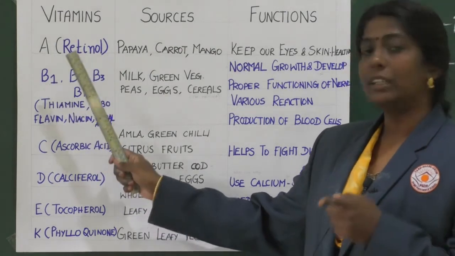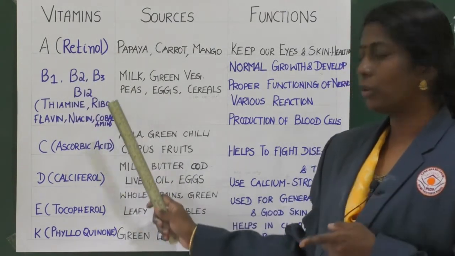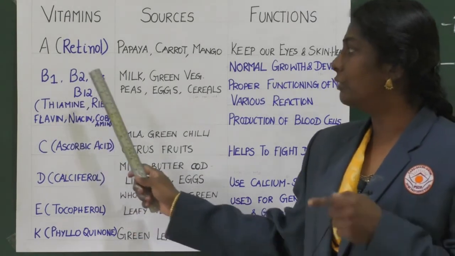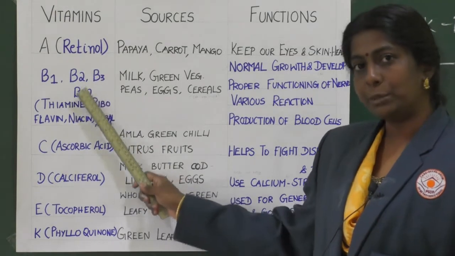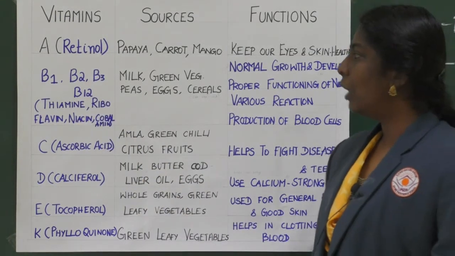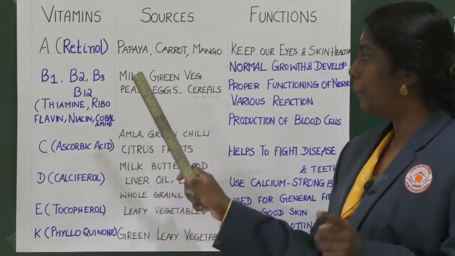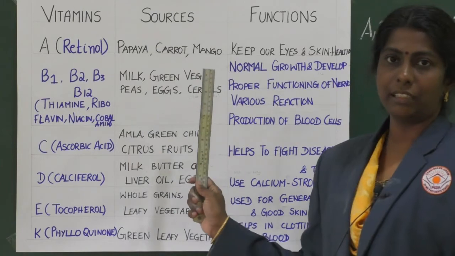B1 is also called thiamine, B2 is riboflavin, vitamin B3 is niacin and vitamin B12 is cobalamin. Their sources are milk, green vegetables, peas, eggs and cereals.